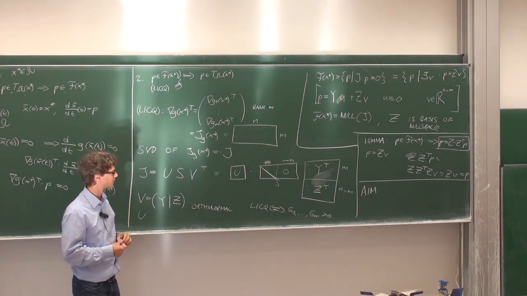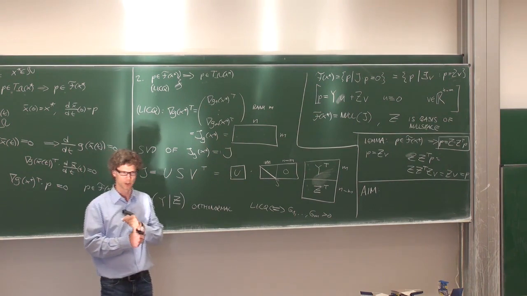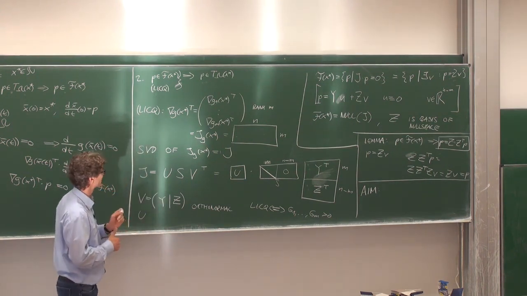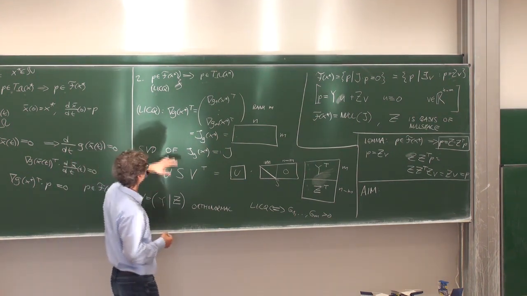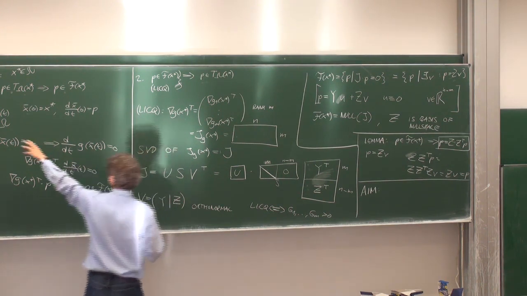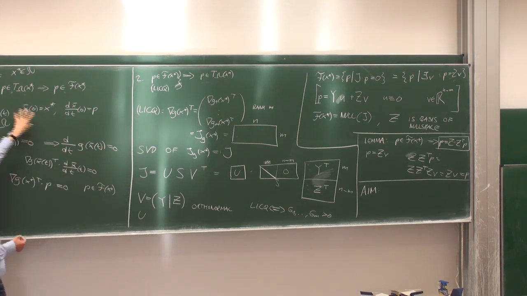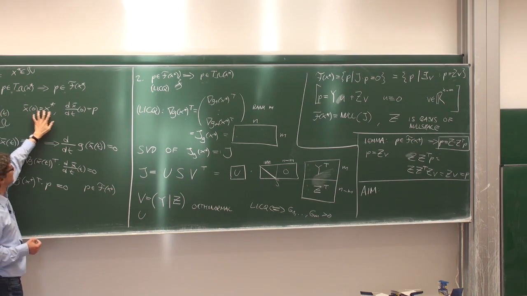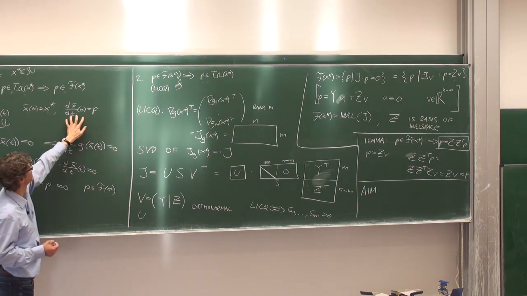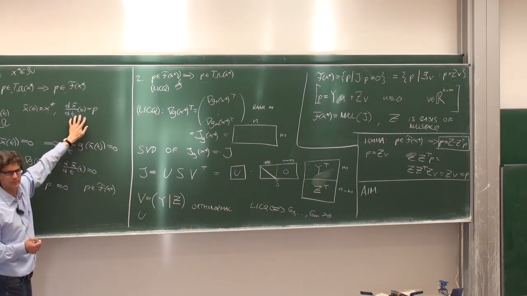And what we want to construct is a curve which has two properties. Namely, first, it should have the property that it's remaining in the feasible set. It should, of course, start at x star. And it should actually have the derivative p at 0.